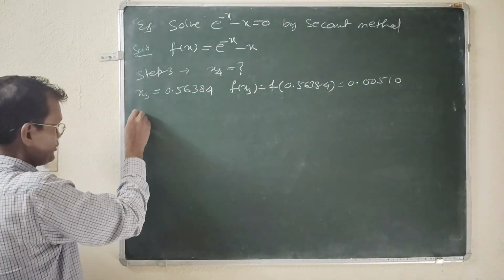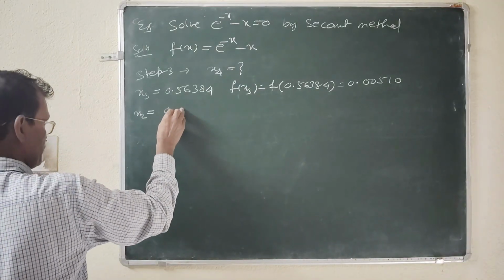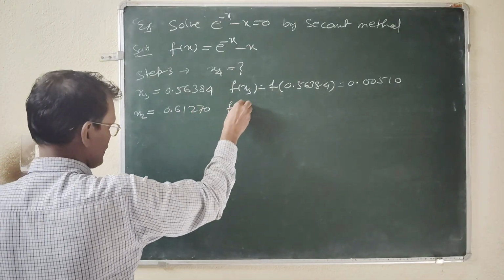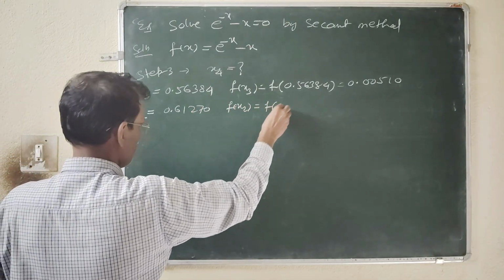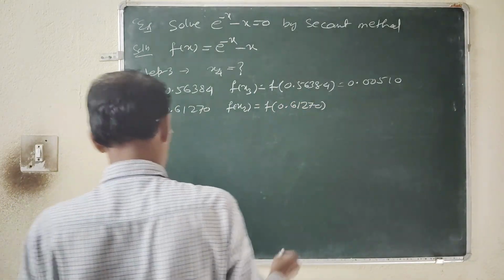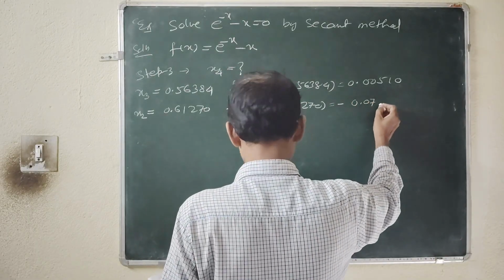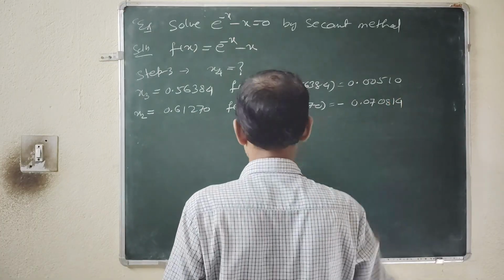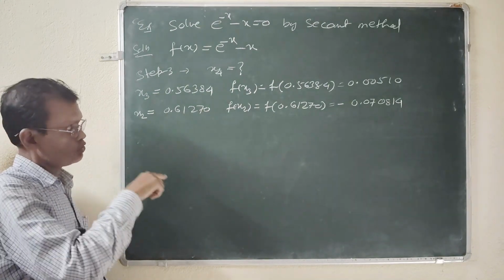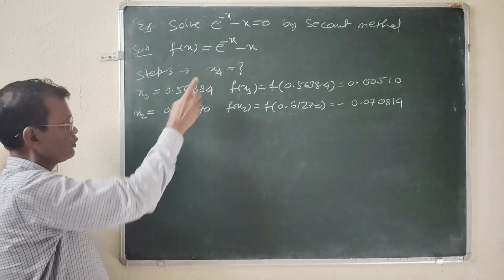Also in the previous steps we have calculated x2 and f of x2. x2 is 0.61270 and f of x2, that is f of 0.61270, the result is minus 0.070814. Once we know the values of x2 and x3, we will use these two values and f of x2, f of x3 in the second method to get x4.